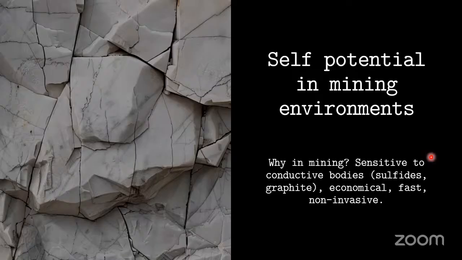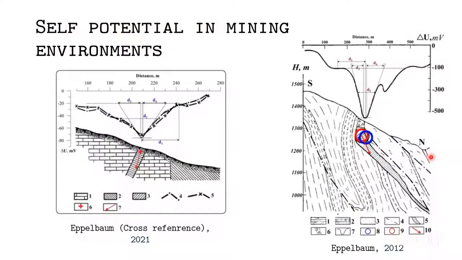One of the advantages of the method is that it is practical, economical, fast, non-invasive, and sensitive to conductive bodies. However, we cannot separate the source of self-potential when measured in a mining environment. The predominant sources are electrochemical, due to the redox effect, and electrokinetic, due to the movement of charge through a porous medium.